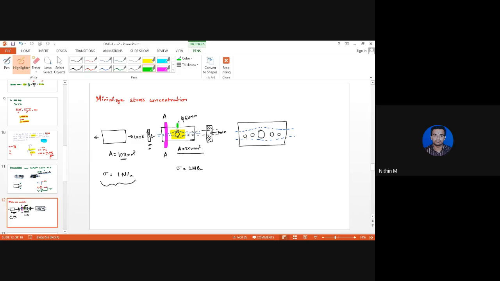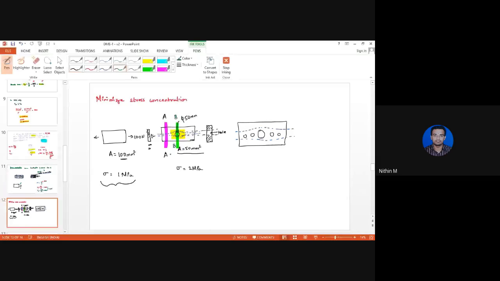Now you consider this green colored region and call it as region B. In region A there is no decrease in material, but in region B there is a hole which is creating a decrease in material. So we increase the stress induced.